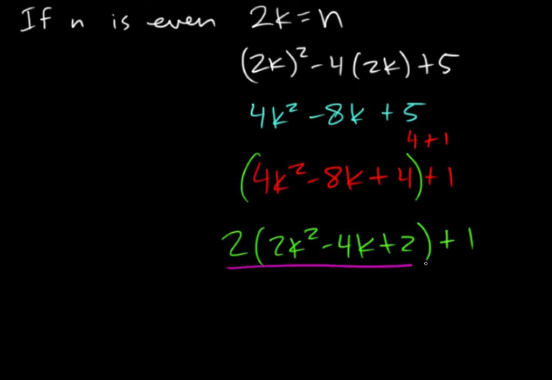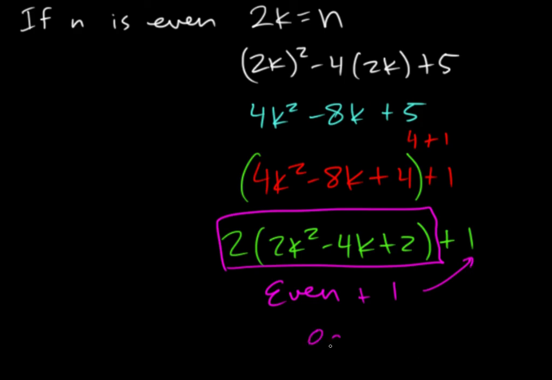And we know that this piece, no matter what we plug in for k, is going to be even. And if we do an even number plus 1, that will always be an odd number.